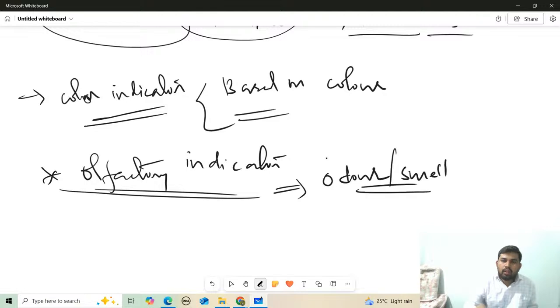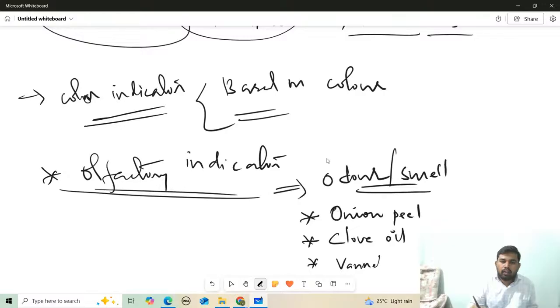Okay, so which are those indicators? One is onion peel, one more is clove oil, and one more is vanilla. So how will this work, how can we use this?